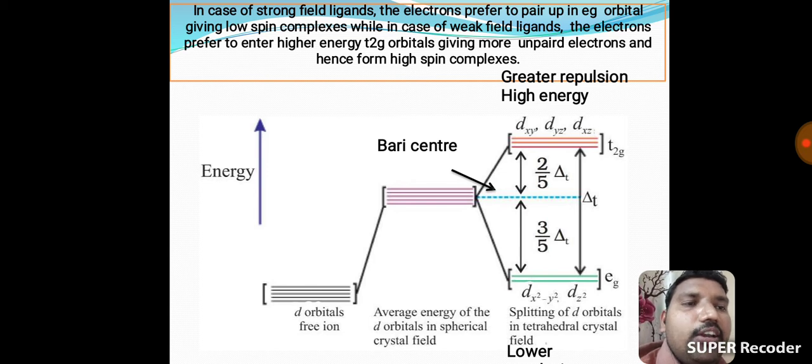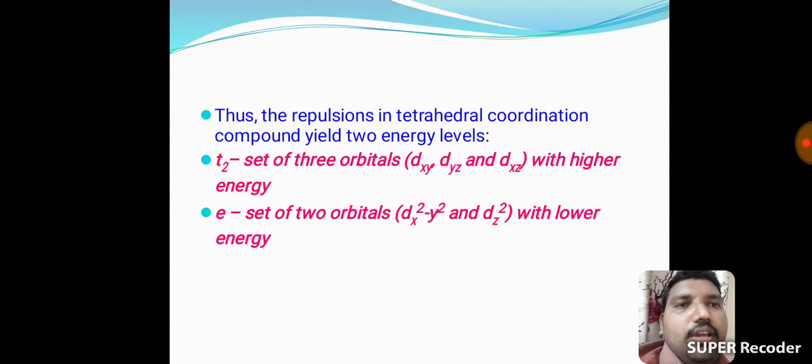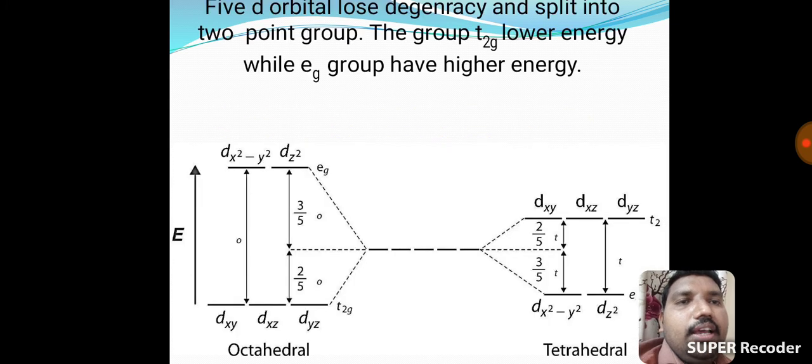E is in the lower level in a tetrahedral complex. The CFSE values are 2 by 5 del T and 3 by 5 del T. Next, here also there are two sets of orbitals. The T2 set of orbitals has higher energy. The E set of orbitals has lower energy in a tetrahedral complex.